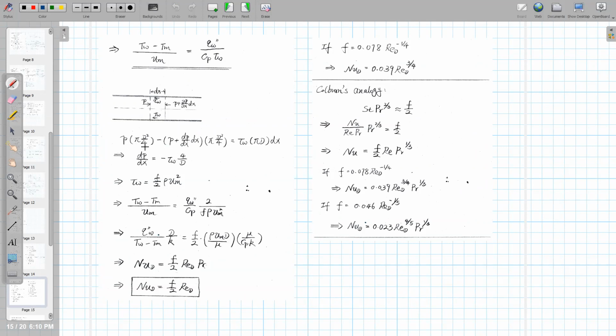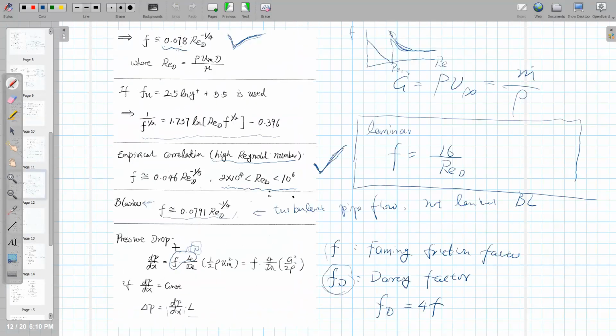So from this momentum balance, you will know that dP over dx equals minus tau W times 4 over d. Remember, just replace the dP dx with the pressure drop correlation we gave before: dP equals F times 4 divided by d times 1 over 2 rho u m square.